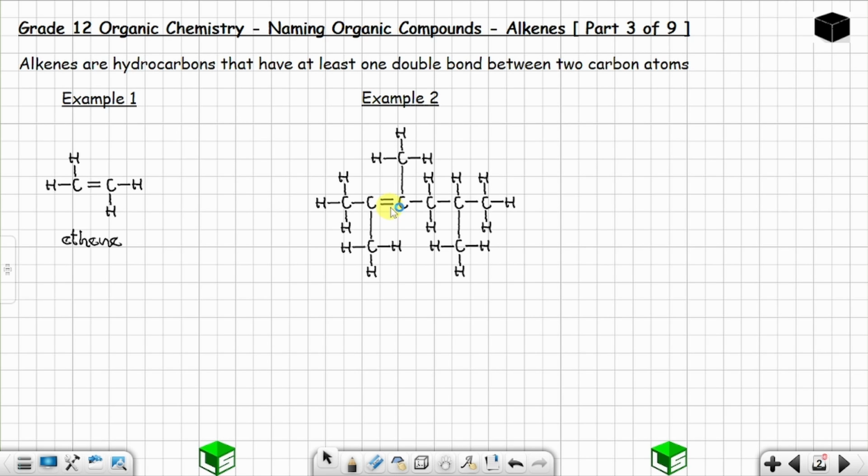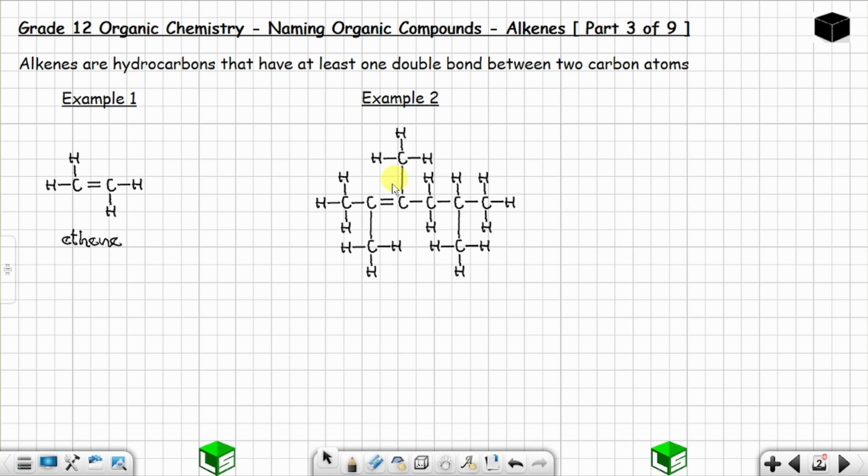It can be 1, 2, 3, 4, 5, 6, or you can go 1, 2, 3, 4. You have 4 this way and 6 that way, so you need to get the longest one that contains the double bond.